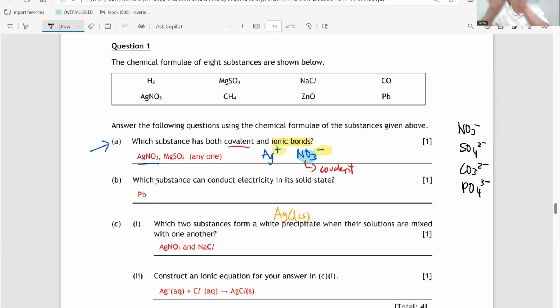I can pair with anything else, but within it is covalent. The other one to look out for is NH4 plus, because NH4 plus inside is covalent, but when you add this plus to another like a Cl minus, that is your ionic. So if you see any of those that are written in black, it is likely to contain both ionic and covalent. Okay, I will move on from question 1 next to question 2.